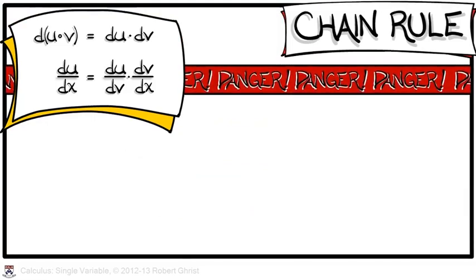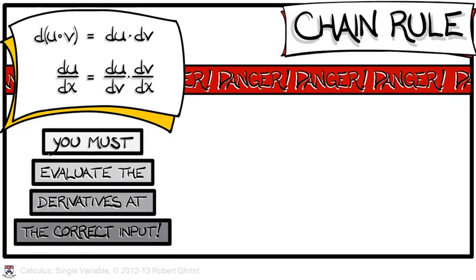Now, one has to be careful. The differential notation is especially misleading at this point. You must evaluate your derivatives at the correct inputs. Let's look at a simple example. Let's say that f of x is the exponential function, e to the x.